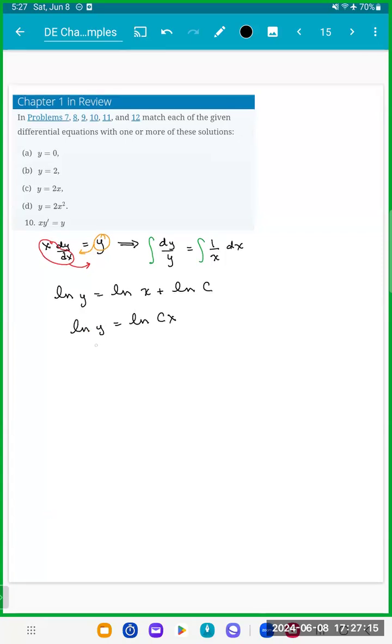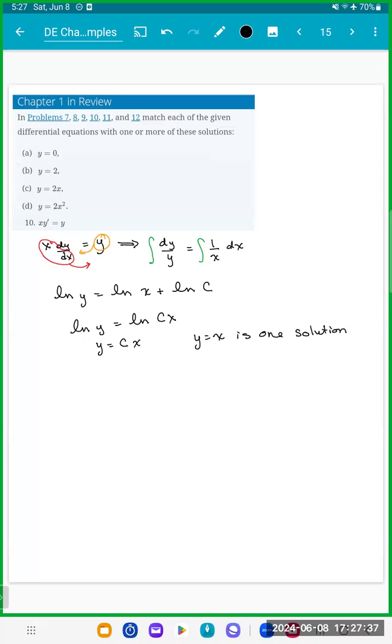So we get that y equals cx, where c is an arbitrary constant. So we could say that y equals x is one solution. Doesn't mean it's all solutions, but it is one solution.